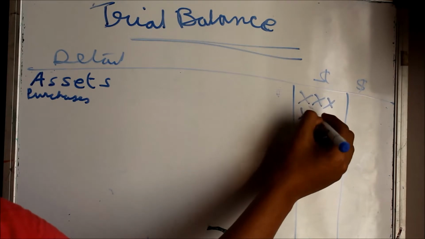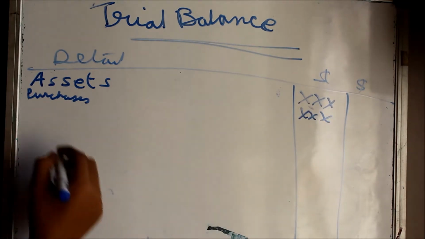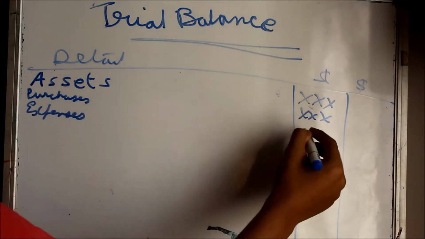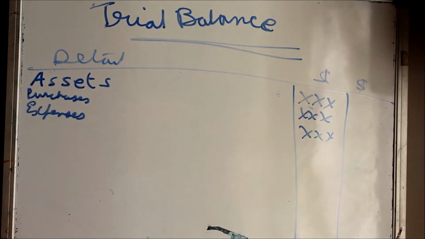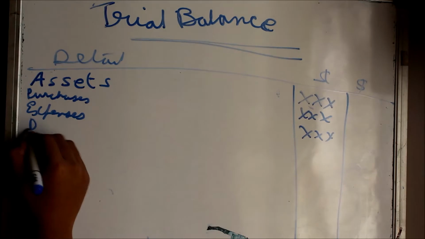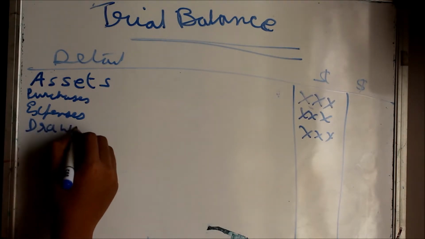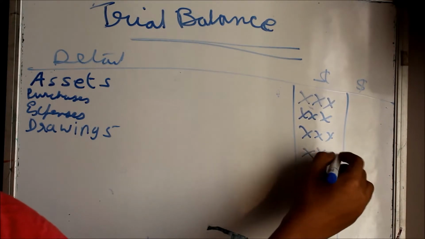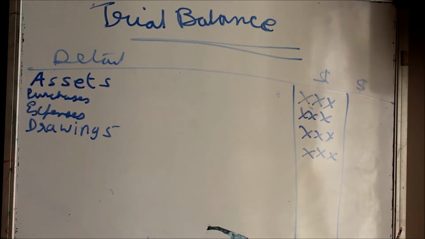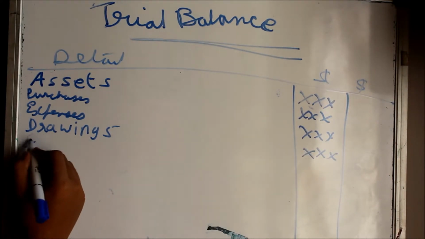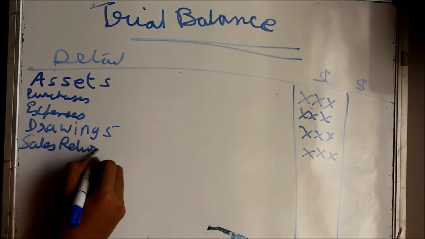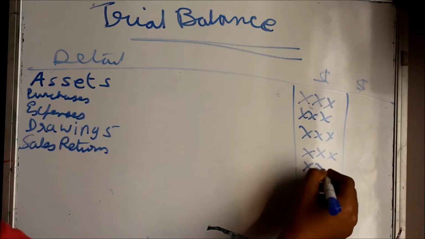Even they come on the debit side. Expenses on the debit side. Drawings, even they come on the debit side. And lastly, sales return, on the debit side again.